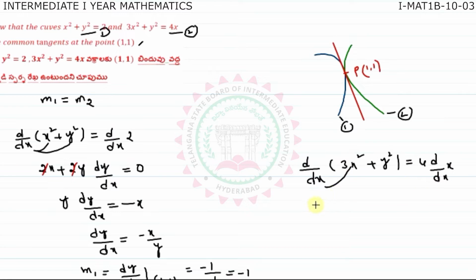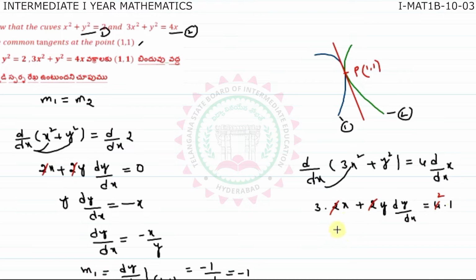Now the derivative of 3x square is 3 into 2x, plus the derivative of y square is 2y into dy by dx, which is equal to 4, since the derivative of x is 1. Overall, again I can cancel the 2s.